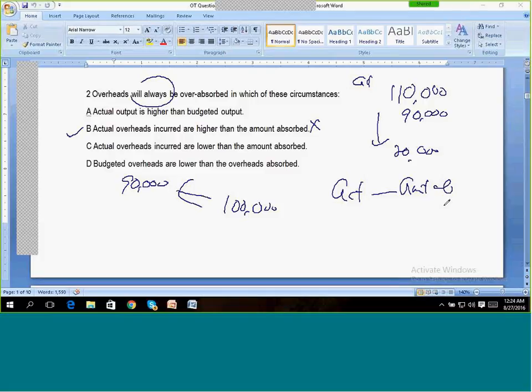Budgeted overhead, we don't use the budgeted overhead. We always compare the actual amount against the amount absorbed. So it has to be C or D. So go on with your practicing questions. You will realize immediately you can eliminate D, because we don't compare with the budgeted overhead.